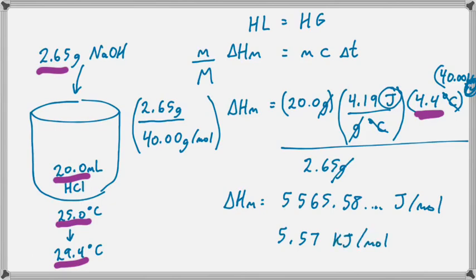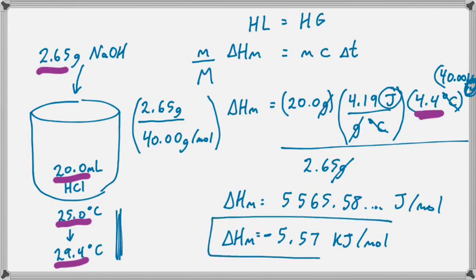And this is warming up, I can see right here. So that means it's an exothermic reaction that's causing the water to warm up. So this is a negative number. So delta HM is negative 5.57 kilojoules per mole.